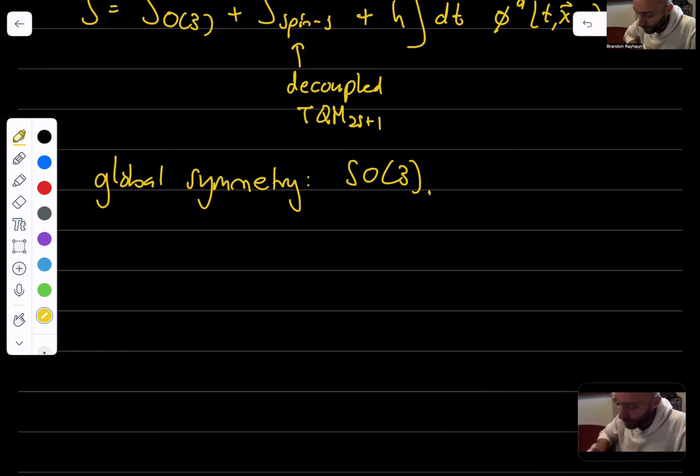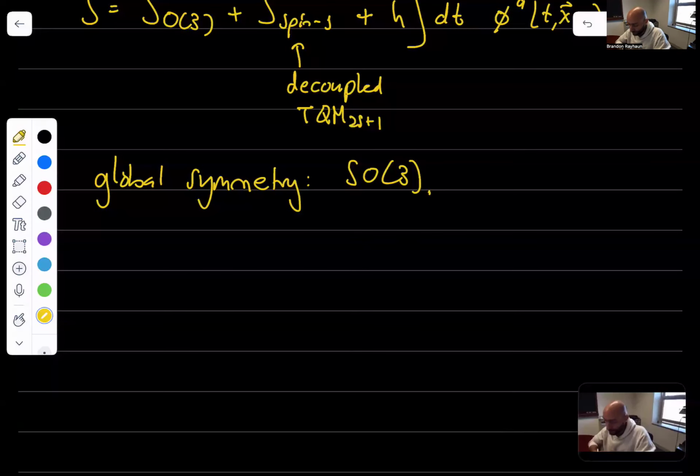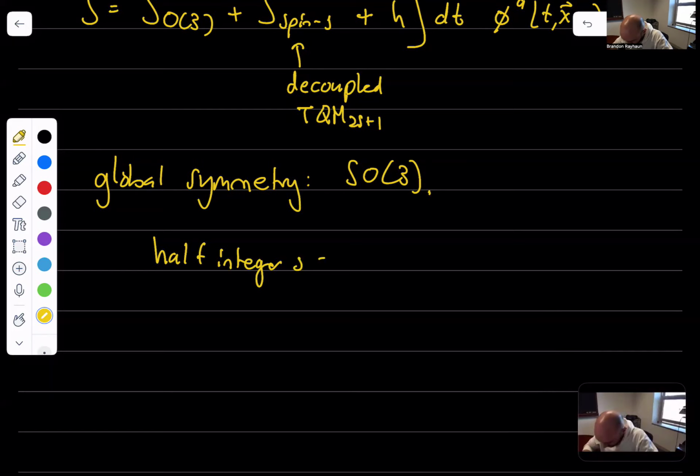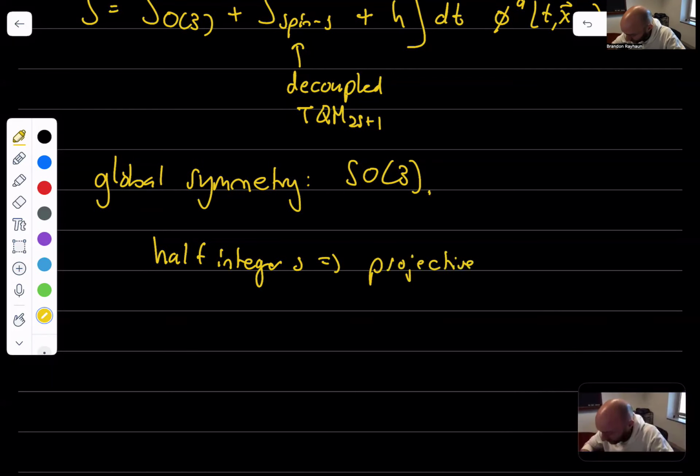What's the anomaly? Well, you have to determine whether or not the states in the Hilbert space transform projectively under this global symmetry. And of course, we know that for half integer s, that's precisely what happens.